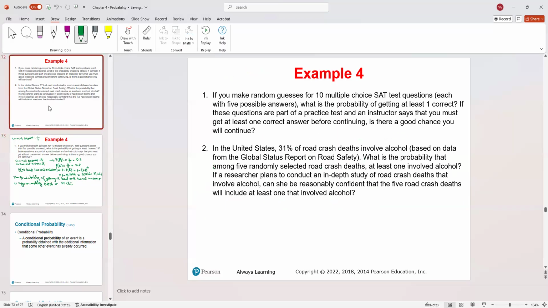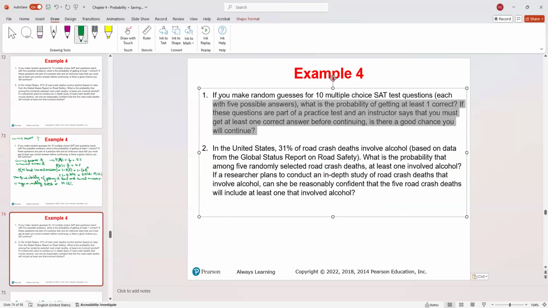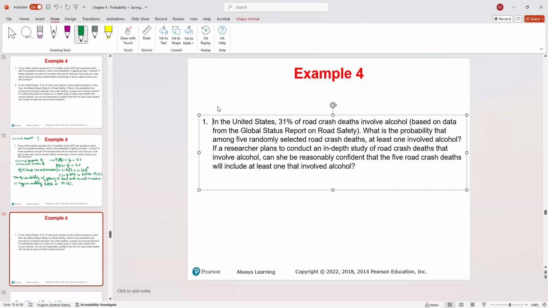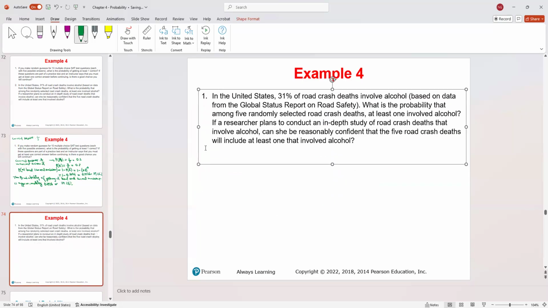Now that you see this, I can do another one, or I might leave it for you, because it's pretty similar. The next exercise says that in the United States of America, 31% of road crash deaths involve alcohol, based on data from the Global Status Report on road safety.